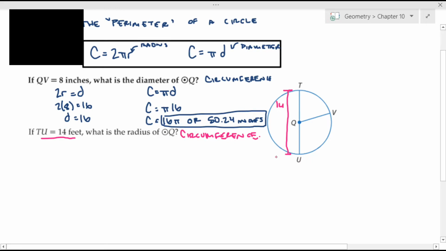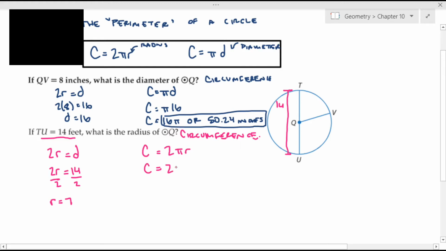Okay, so if this whole diameter is 14, how much is the radius? Well, again, 2 times r is going to be the diameter. So 2 times r is what we're finding, but we know the diameter is 14, so we can just divide by 2, and the radius is going to be 7. This time, because we just found the radius, let's use the circumference is 2 pi times the radius, and we'll plug that in.